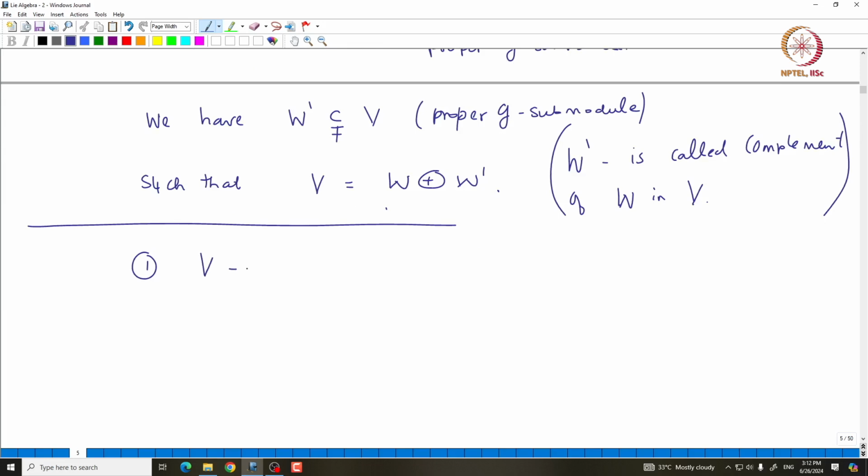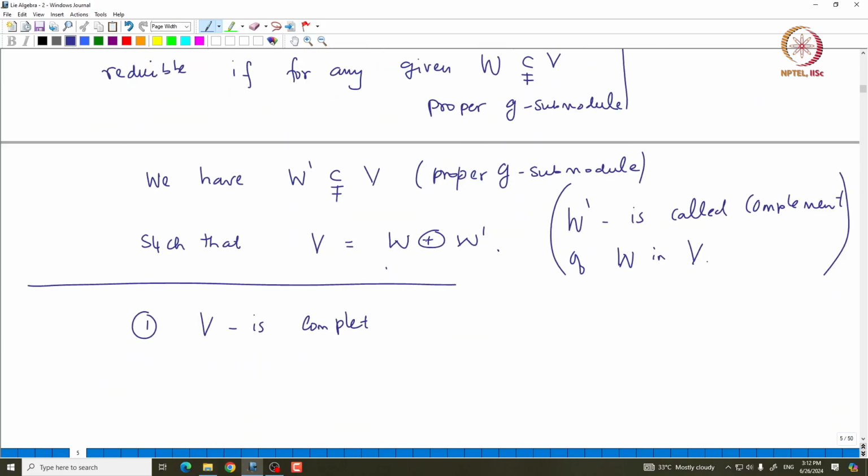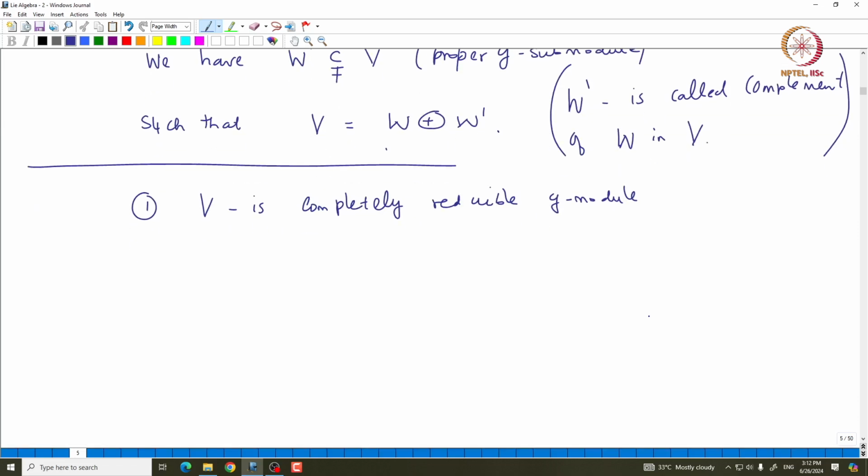So, if V is a completely reducible G module, then one can prove that V can be written as a direct sum of irreducible submodules. Okay. So, one can prove that V is a direct sum of irreducible G modules.